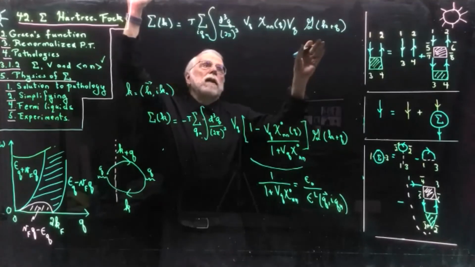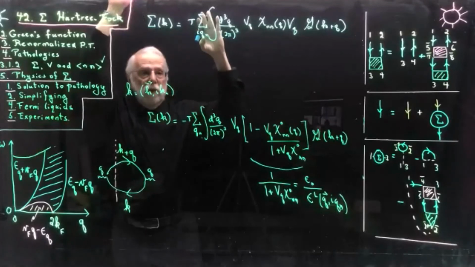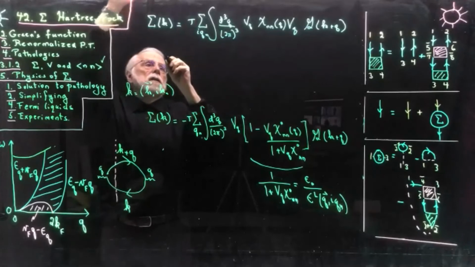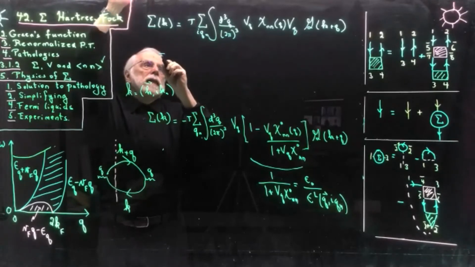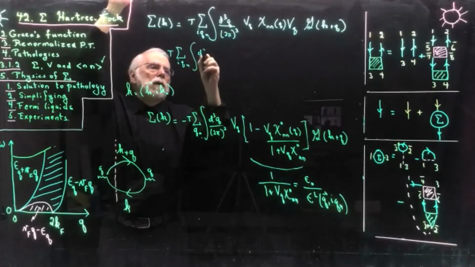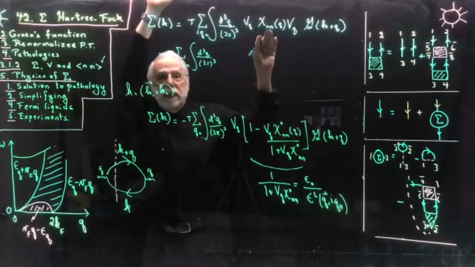Now what I will do is just do the sum over Matsubara frequencies. So to do that, I will proceed like this. This is T times the sum over iqn times the integral d cube q over 2 pi cube. And now I will use the spectral representation for this guy.